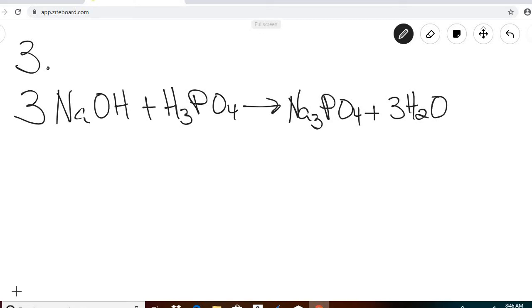Okay, so here's our reaction, and it says how many grams of H3PO4, so how many grams of this are needed to make 100 moles of water?